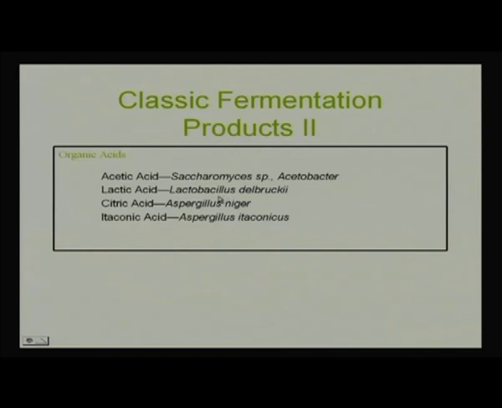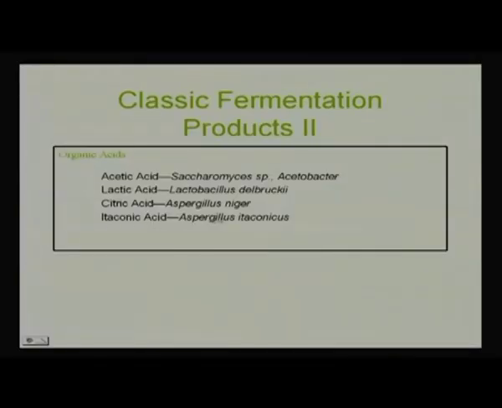Lactic acid, Lactobacillus species are producing lactic acid. Citric acid, Aspergillus niger and other species of Aspergillus are also producing citric acid. Itaconic acid, Aspergillus itaconicus. So, these are some of the examples which are well established and well known in the field of biotechnology.